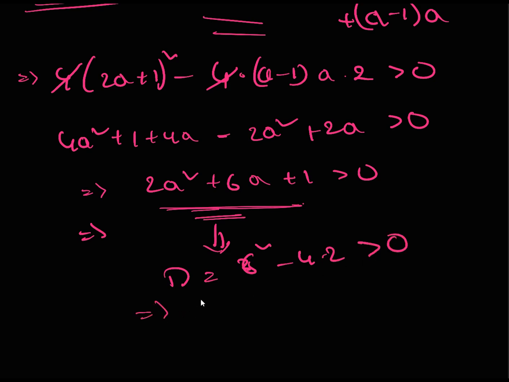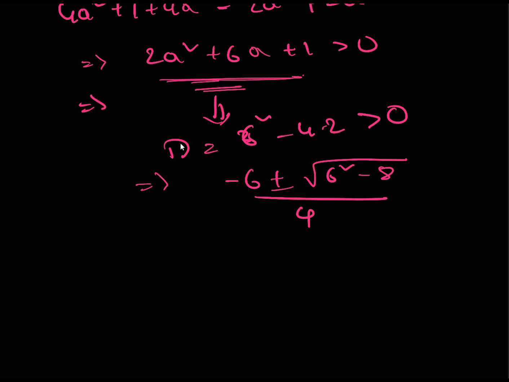Therefore, there are two roots, and the roots will be minus 6 plus or minus root over 6 square minus 8 by 4, that equals minus 6 plus or minus root 28 by 4.